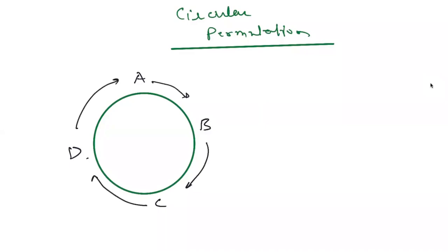So what is the difference between this arrangement of four people in a circle and the arrangement of these four people in a row?